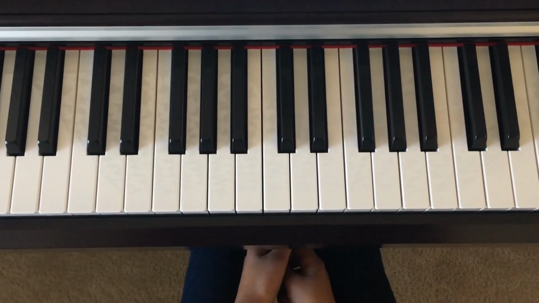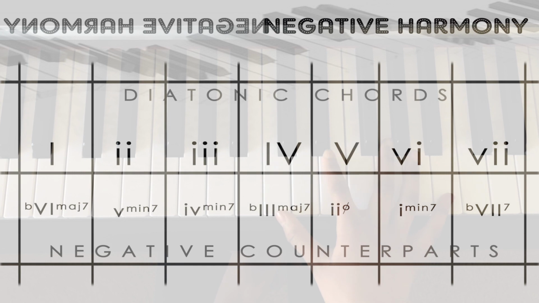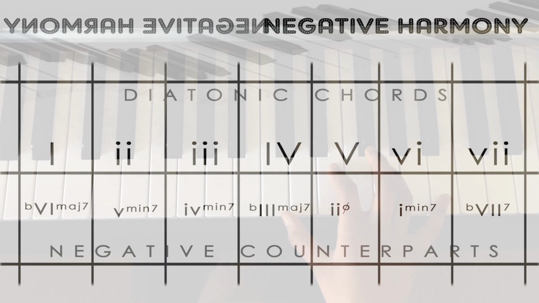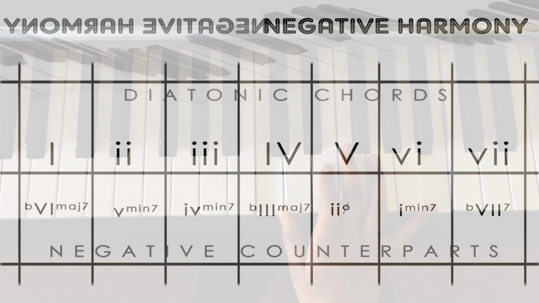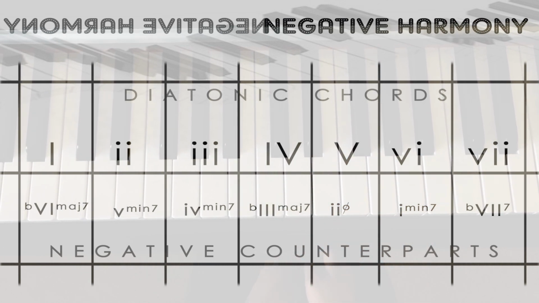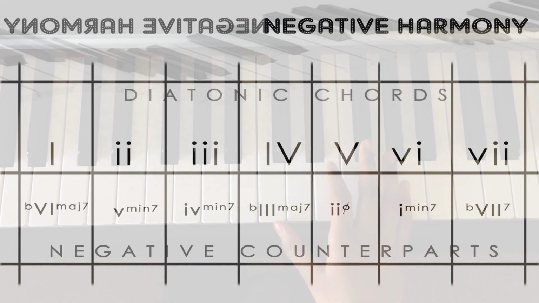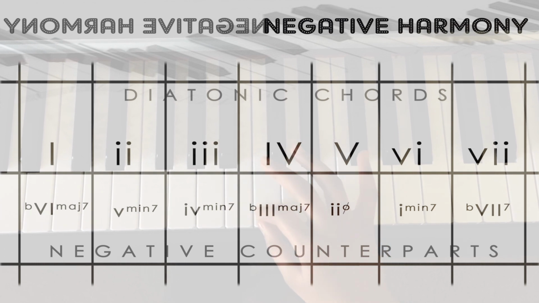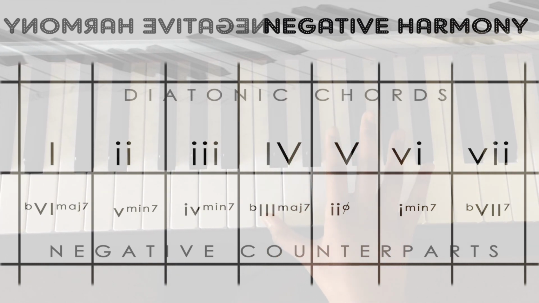So for just a reference guide, in C major, the 1 chord would map out to the major flat 6th chord. That may sound a little confusing, but all it is is you find the flat 6th interval from C and you go to A flat.